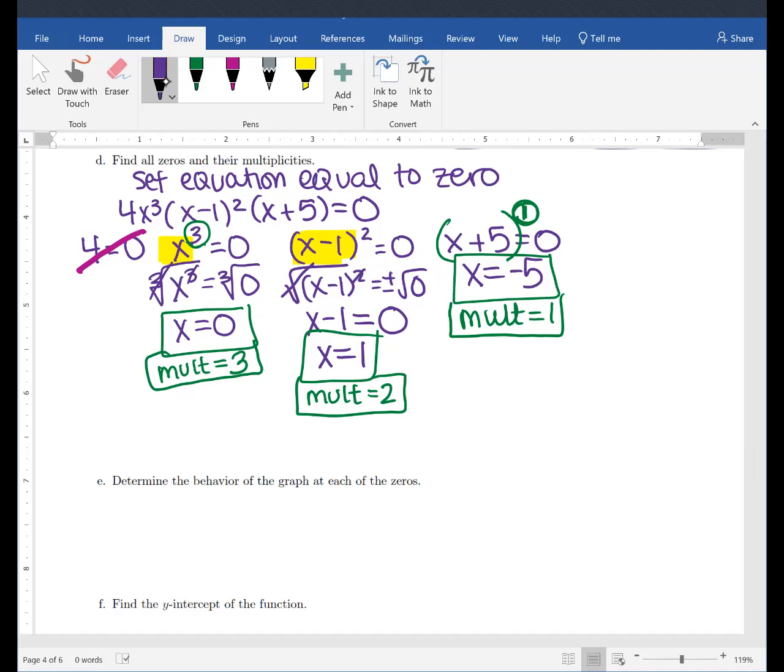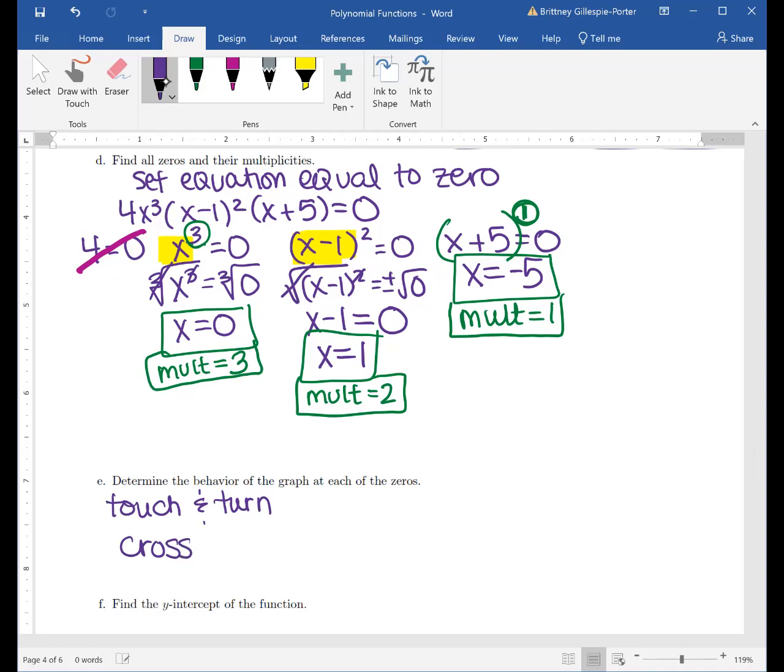Next step, we need to determine the behavior of the graph at the zeros. We have two behaviors. We're either going to touch and turn, or we're going to cross. Touch and turn is when you have an even multiplicity. You cross when you have an odd multiplicity.